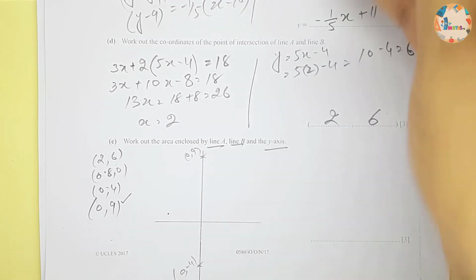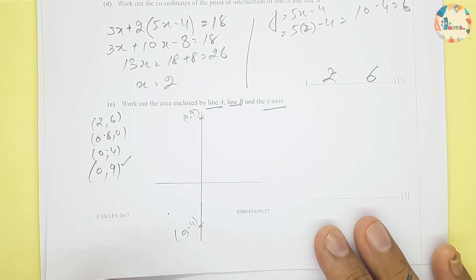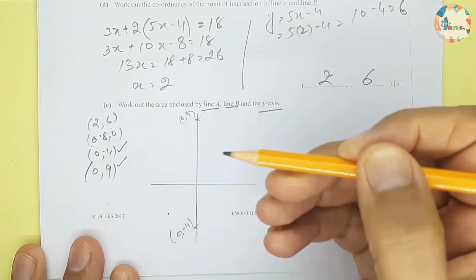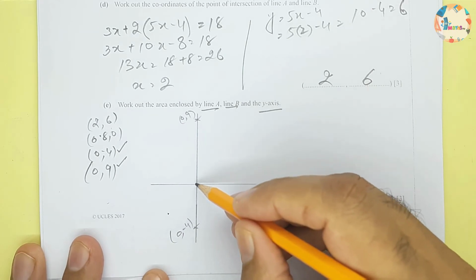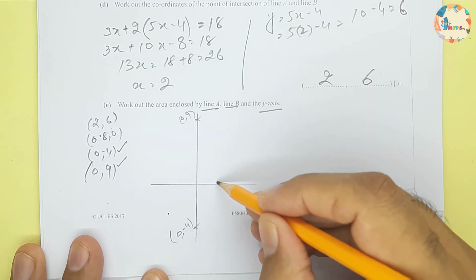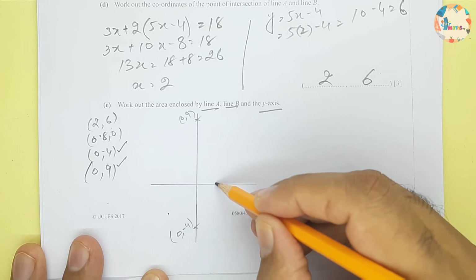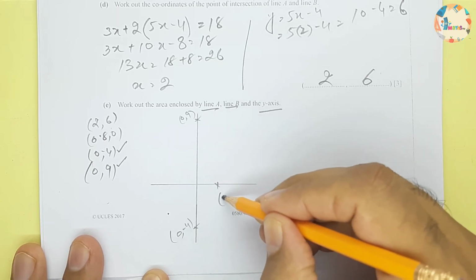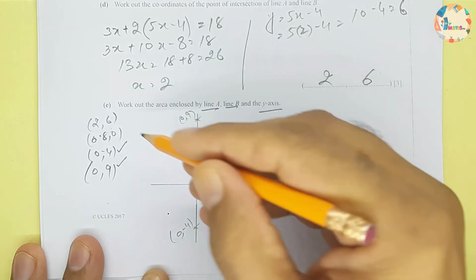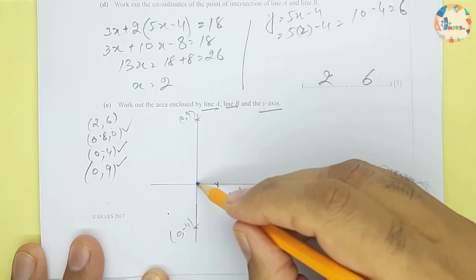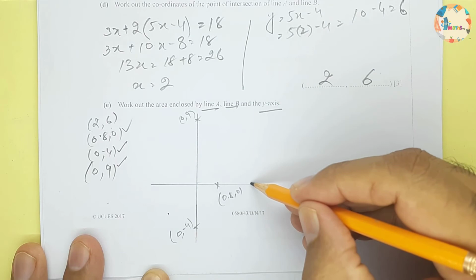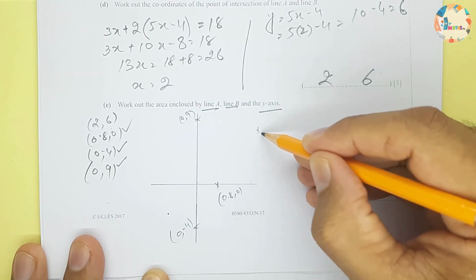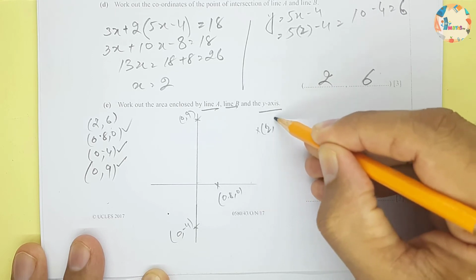The third point is 0.8 and 0, so it will be around over here. And the 4th point is 2 and 6, so 2 will be here, and 6 will be roughly over here. So this is 2 and 6.